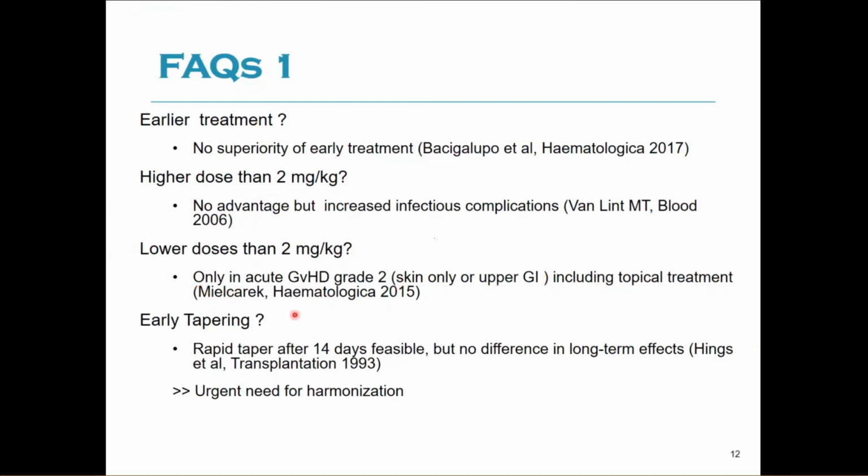The next question is, can we taper steroids earlier? A rapid taper after 14 days seems feasible, and regarding the long-term effects, steroid side effects, no difference was seen between the early taper and the regular taper as published by Hinks.